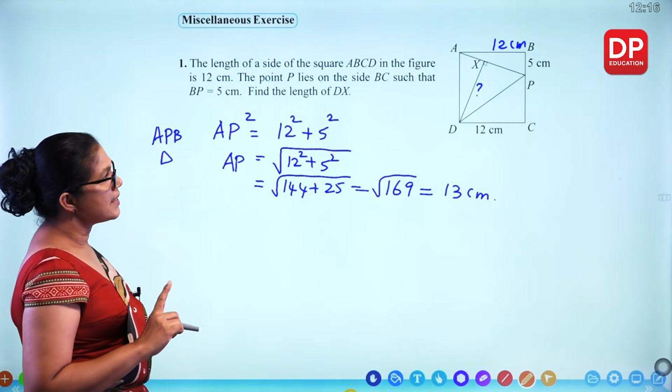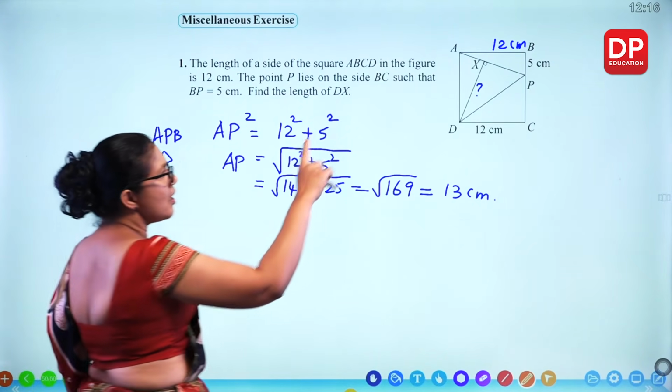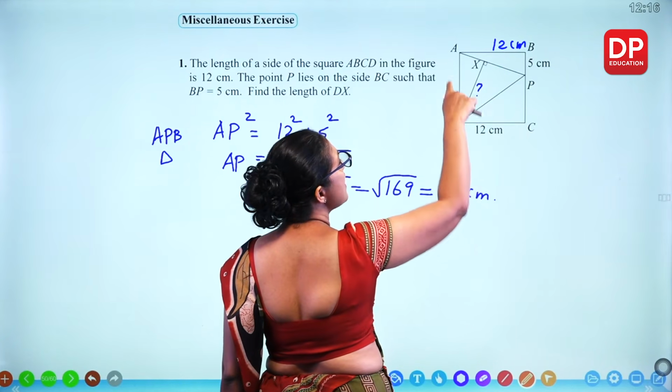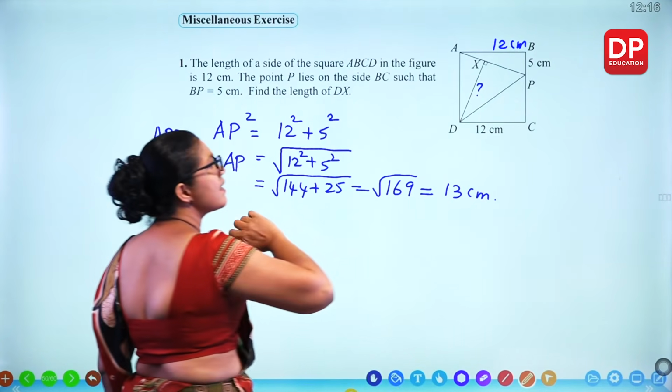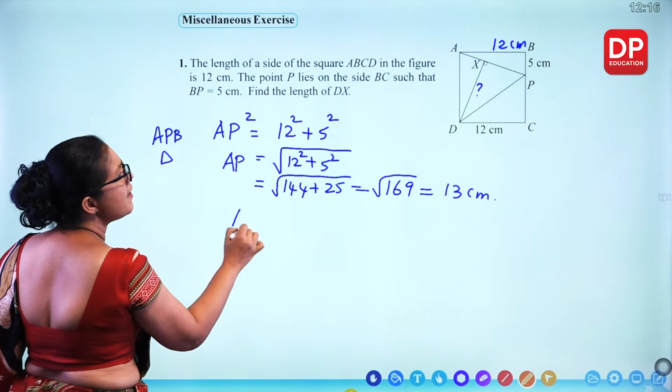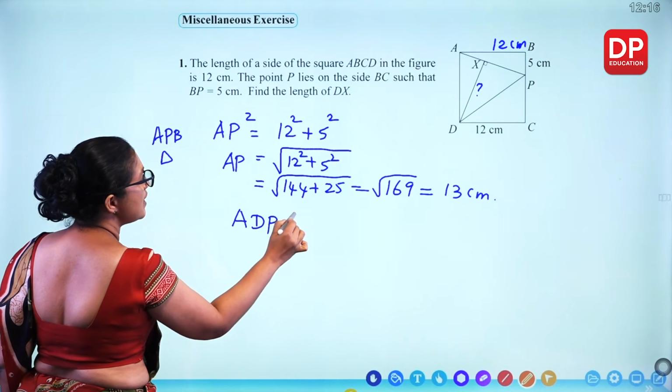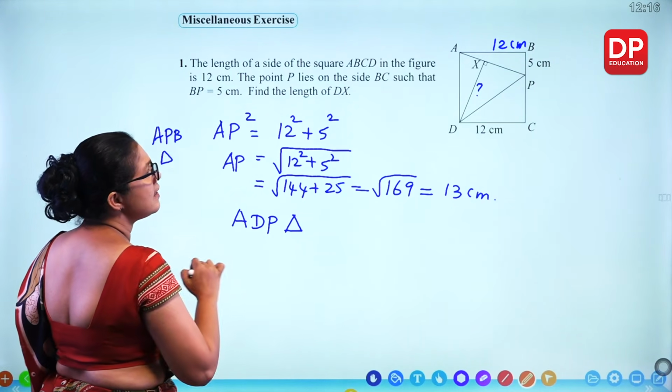And we know that when you take this square and the triangle, what's the area of ADP triangle?